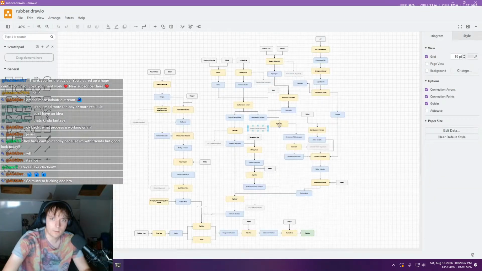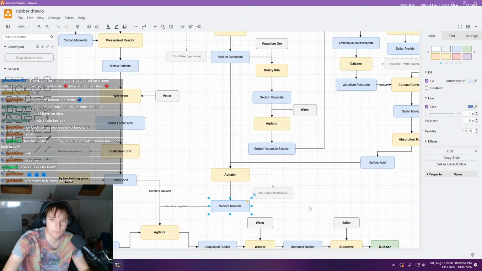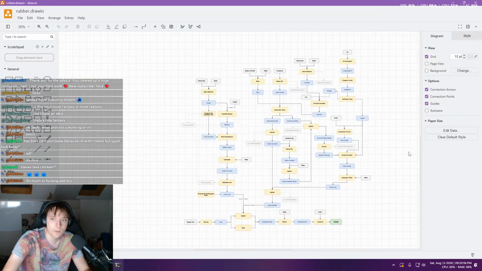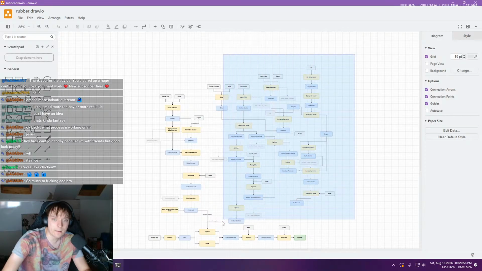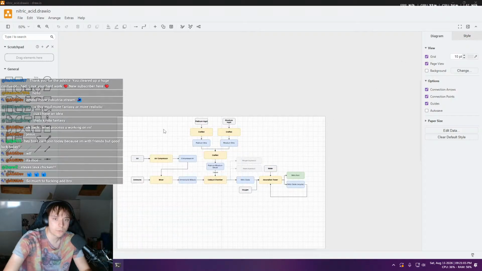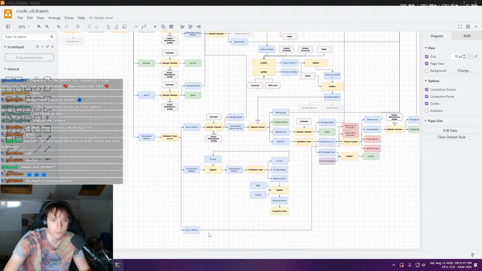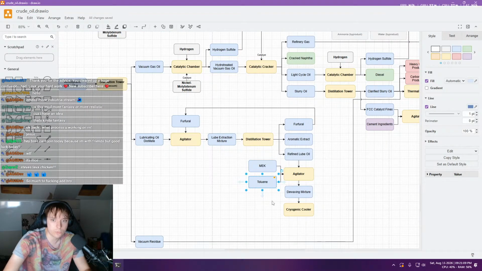What about rubber? Probably in here for rubber, we have sodium bisulfate. We're talking basically something like that just for MEK, and something like that just for toluene, however you pronounce it.